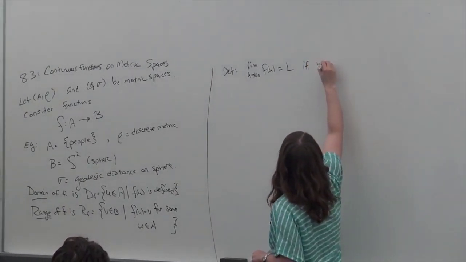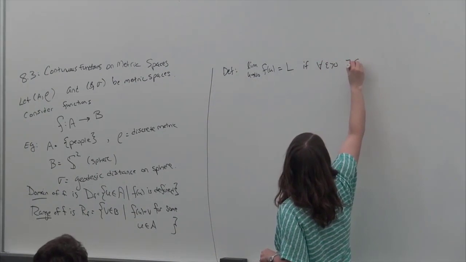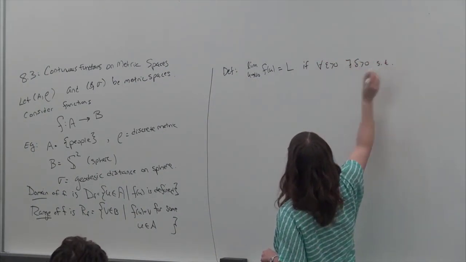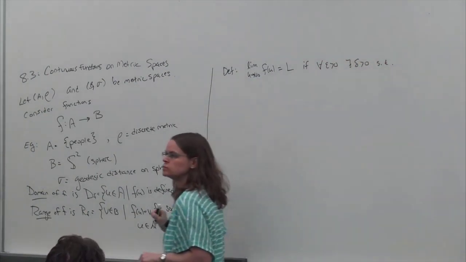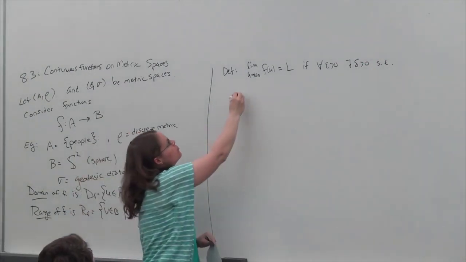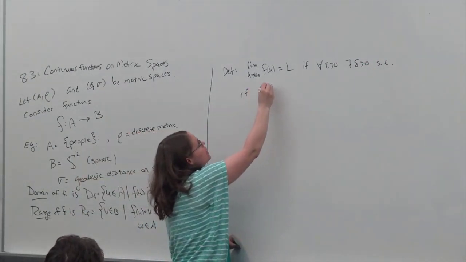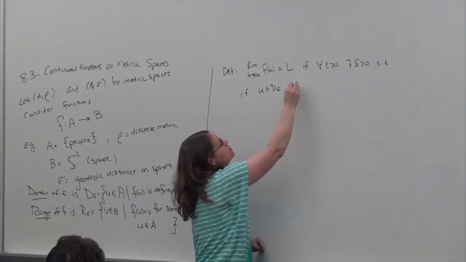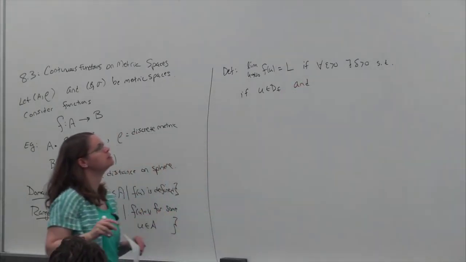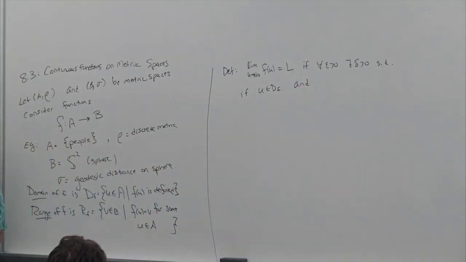So for every epsilon greater than 0, there exists some delta greater than 0 such that, well, if u is in the domain of f, and okay, now we want the distance between u and u naught to be less than delta. So the distance between our inputs is measured in one metric.